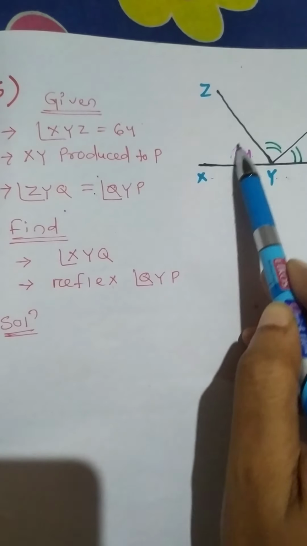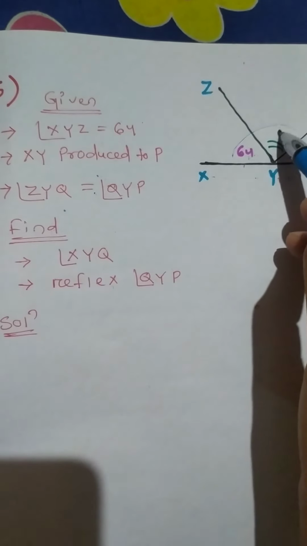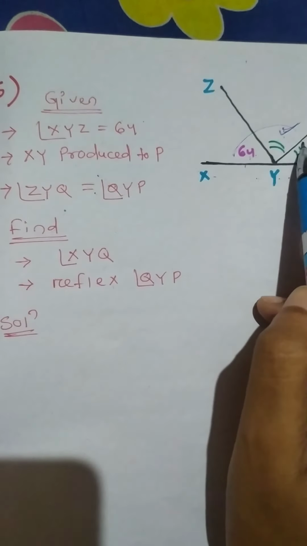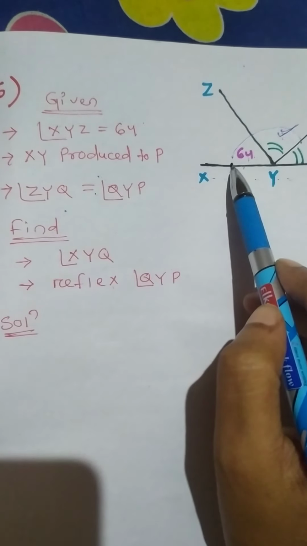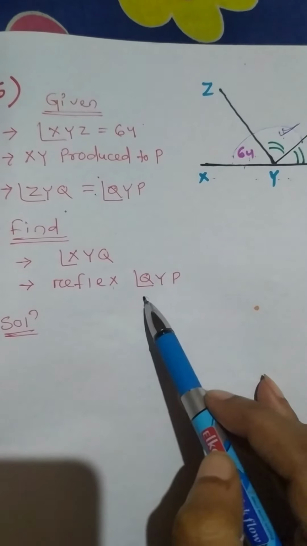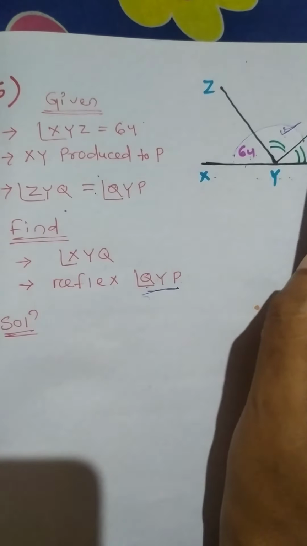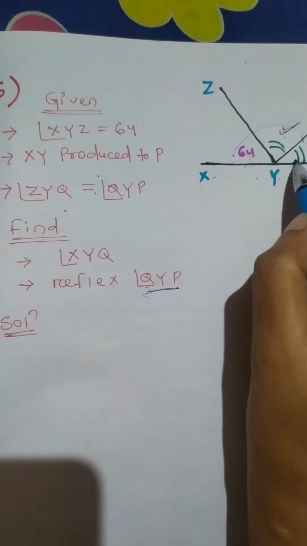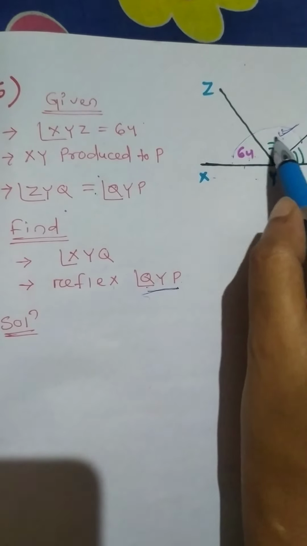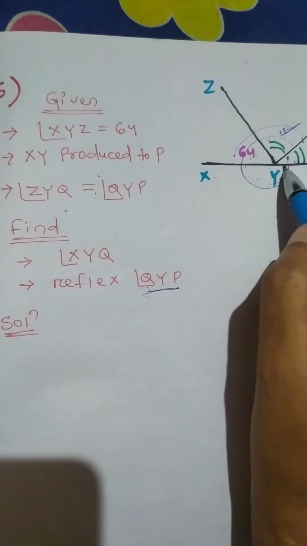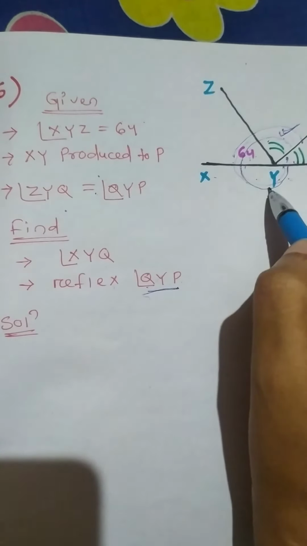This total angle we need to find out. That means ultimately we have to find out this one, then only after adding this to this we can get this total value XYQ, and reflex QYP. See here it is QYP angle, this is the QYP. Reflex means this total value. So 360 degree minus of this value is equals to reflex of QYP.